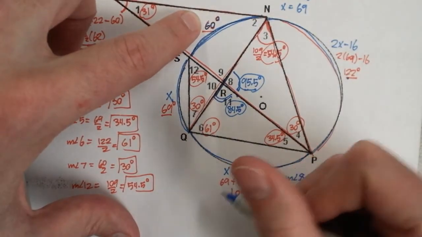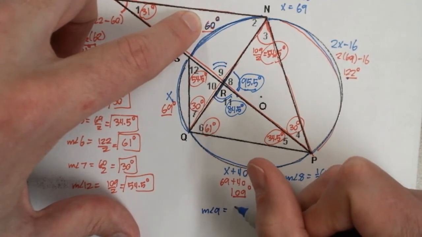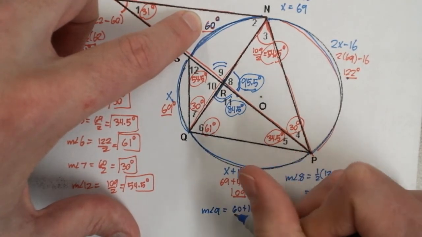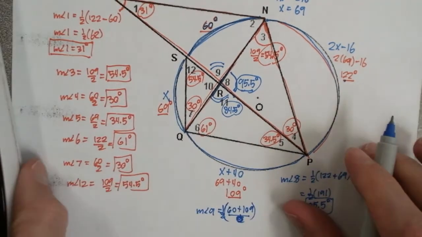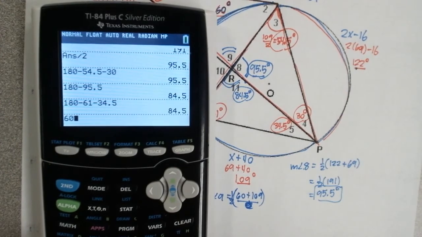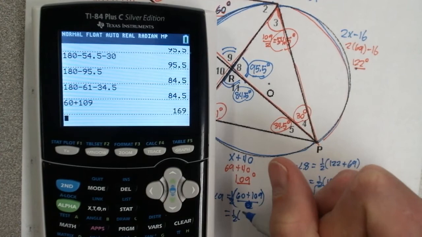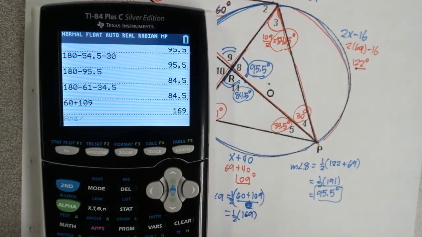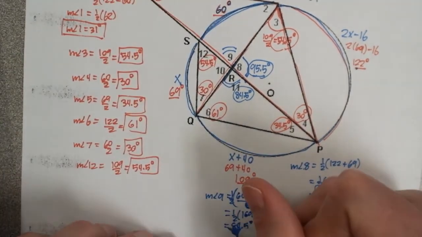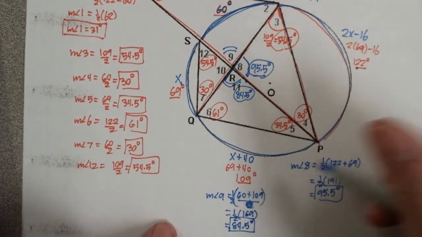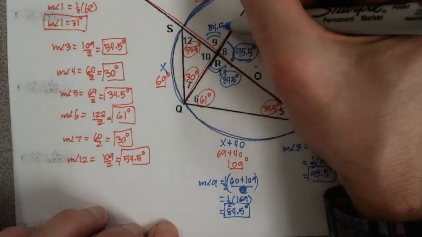So the measure of angle 9 is 1/2 of 60 plus 109, usually the formula I use. So 60 plus 109 is 169, divided by 2, 84.5. I like this one just because there are a lot of options as far as how you can go about getting those angles. But either way, you get 84.5 for those.